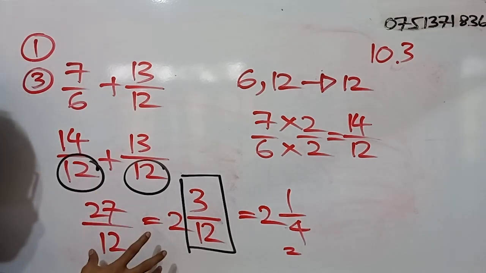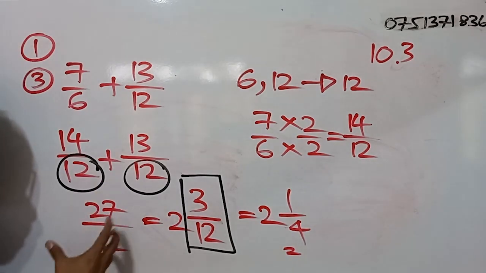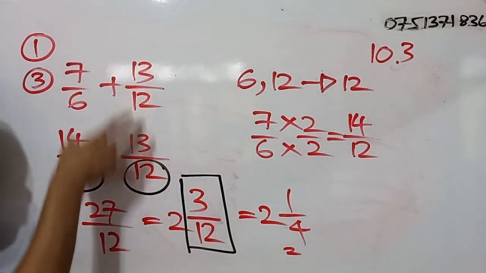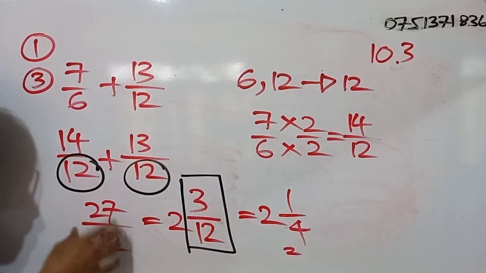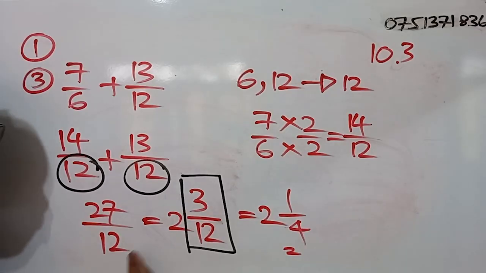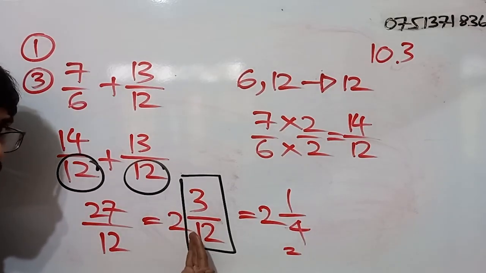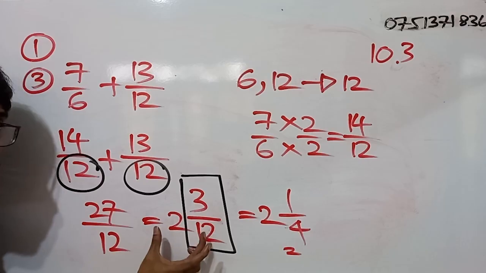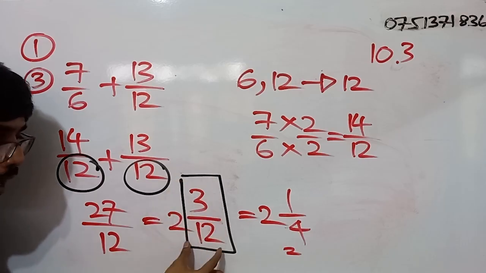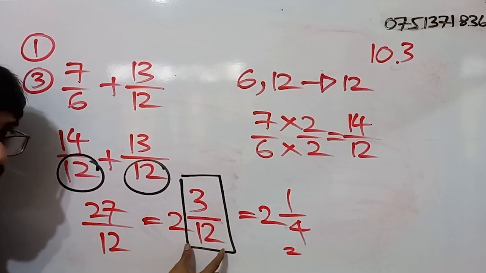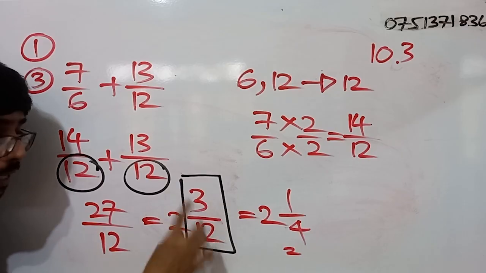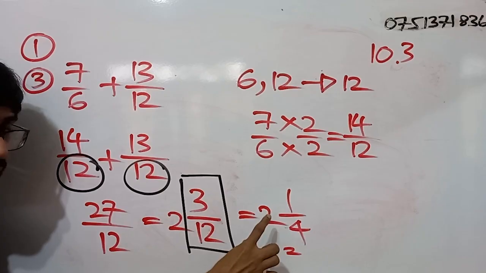So always remember, when you are writing an answer in this kind of question, if the fraction is an improper fraction, you have to convert that fraction into a mixed number. Regarding the mixed number, you have to check whether the fraction part can be further simplified.